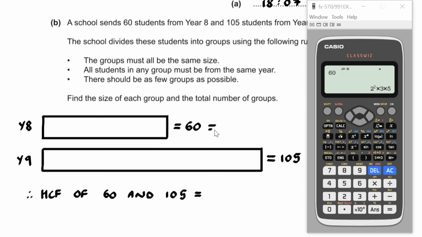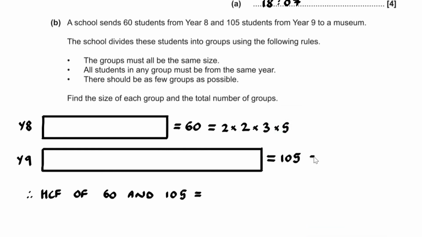So 60 we can rewrite as 2 times 2 times 3 times 5. And 105, as the product of its prime factors, is 3 times 5 times 7. So 105 can be split up into 3 times 5 times 7.